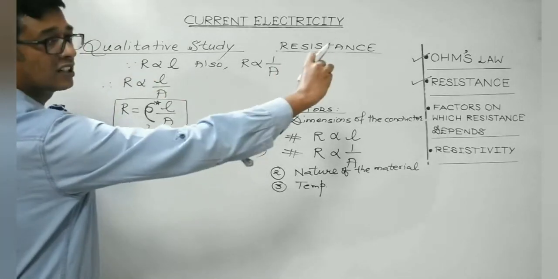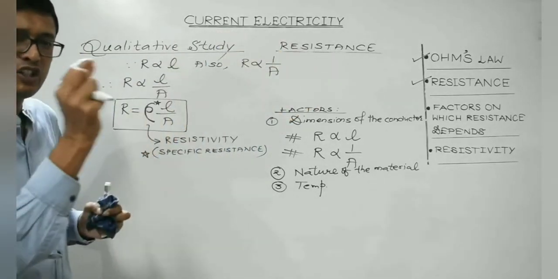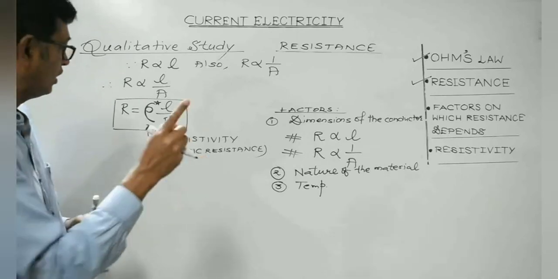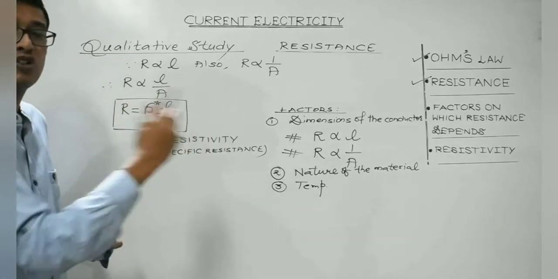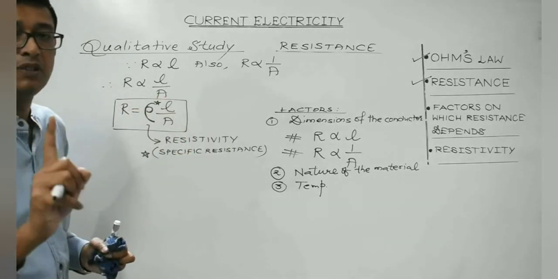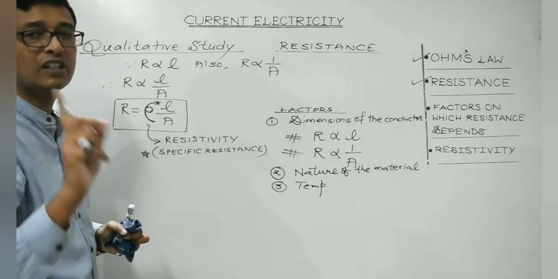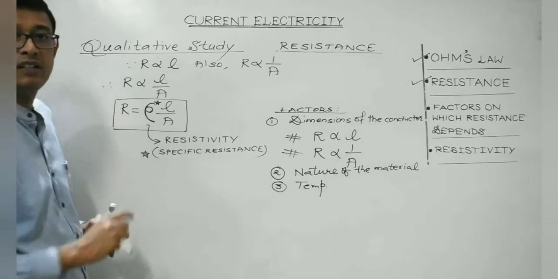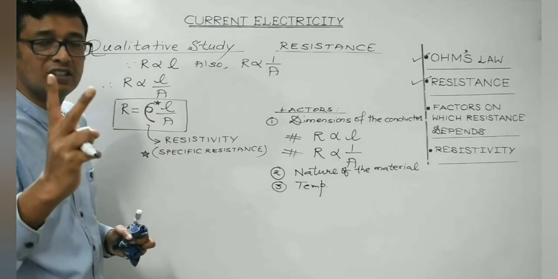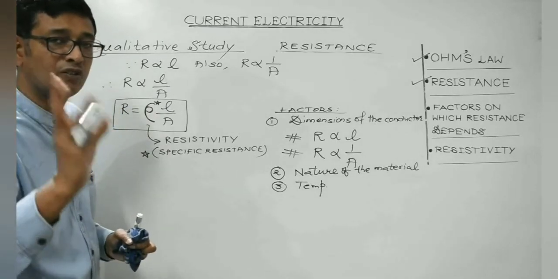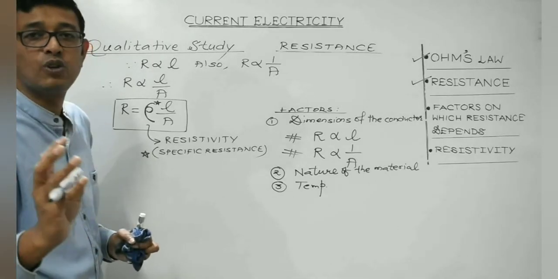Even if you cut a conductor into several pieces, each piece will have the same resistivity as that of the original one. So always do remember, students, resistivity does not depend upon the dimensions of the conductor. It only depends on two factors: the nature of material of the conductor and the temperature.